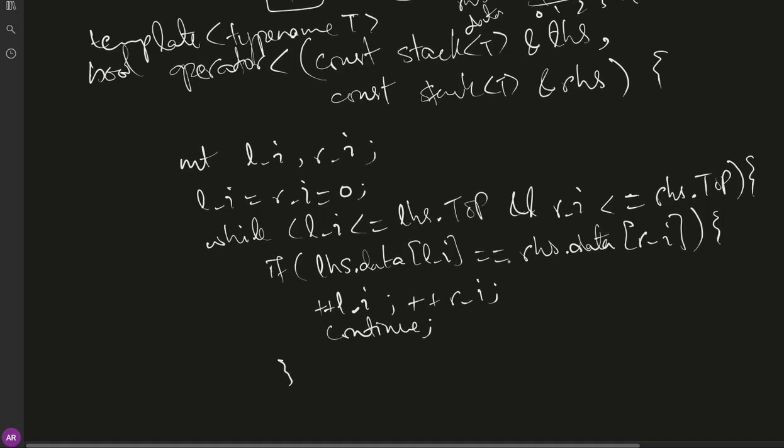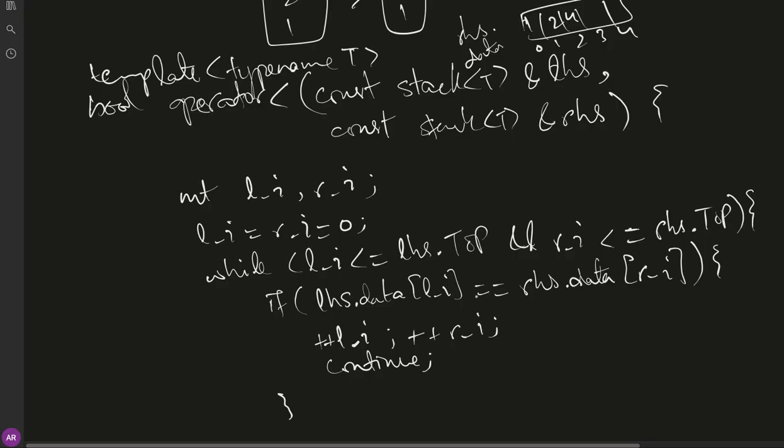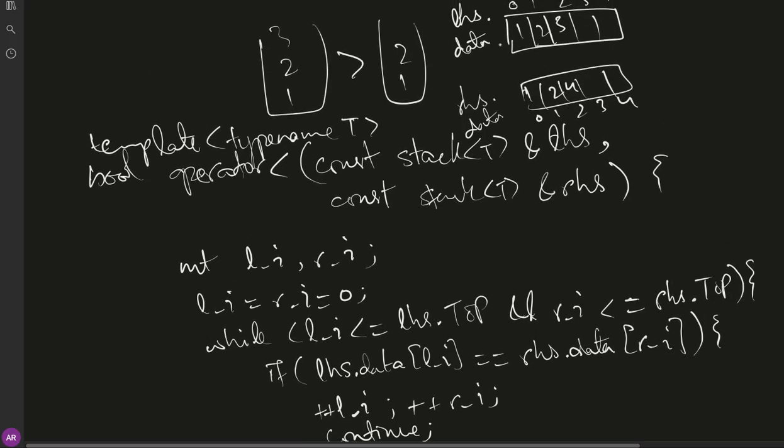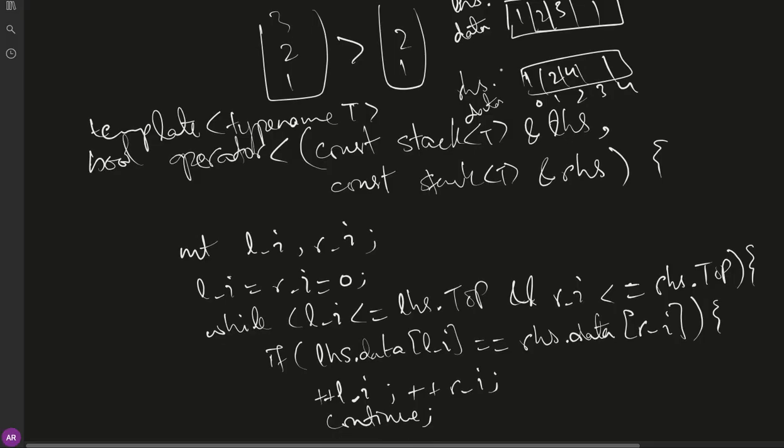Now if the values are not equal to each other, then we would have two cases: left hand side dot data is less than right hand side dot data, or left hand side dot data is greater than right hand side dot data, right? So if it is less, we return true. If it is not less, that means it would be greater, we return false.